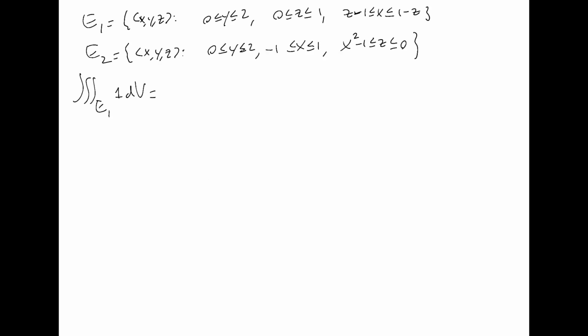Okay, so now if you write it like this in terms of the three variables, you can basically use any order of the variables as you want, except for one big restriction, which I will explain now. So I'm first going to integrate over the x variable.